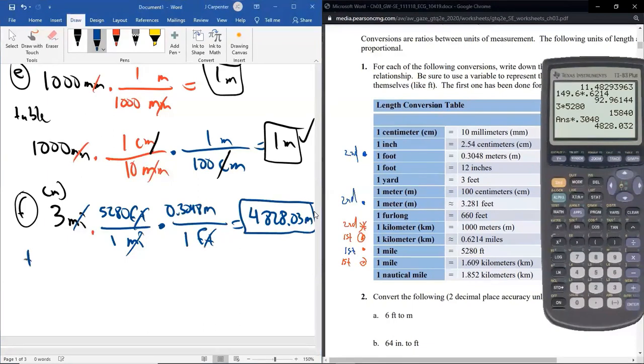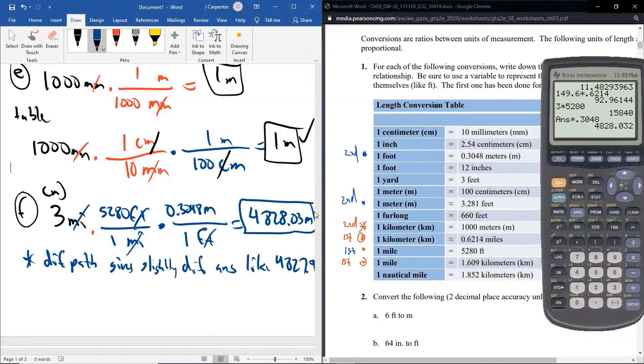Now, I will mention with this problem that if you did a different path, it will give a slightly different answer. Maybe like 4827.9 something.